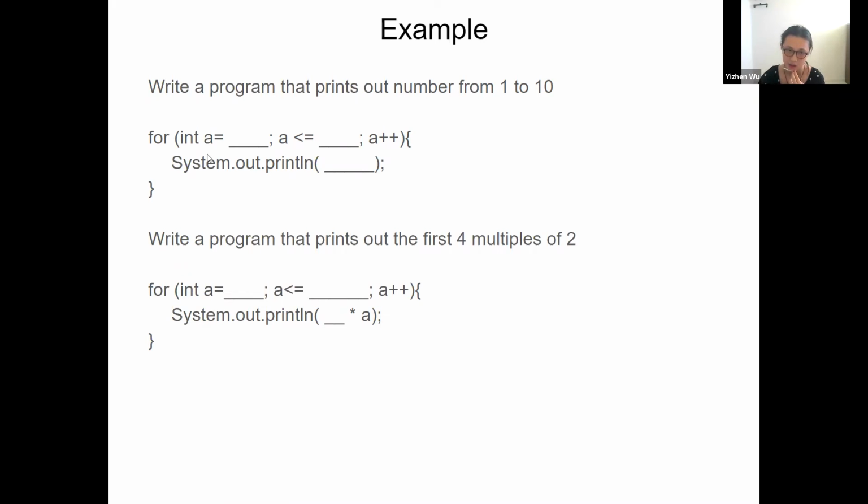What do we want to put here? This is the initial counter. Which number do I want to start from?